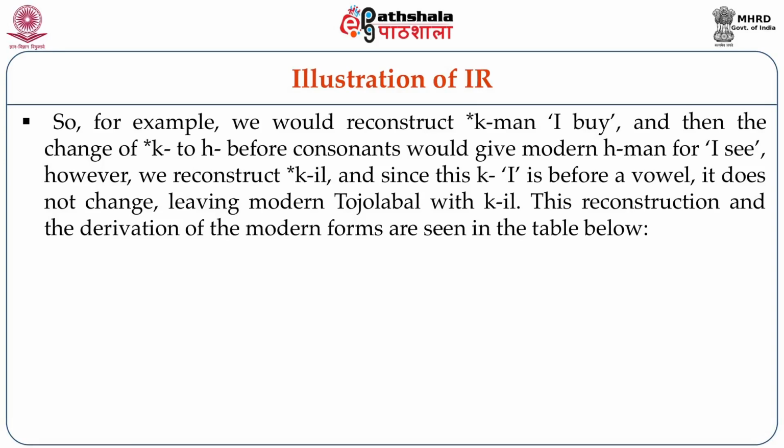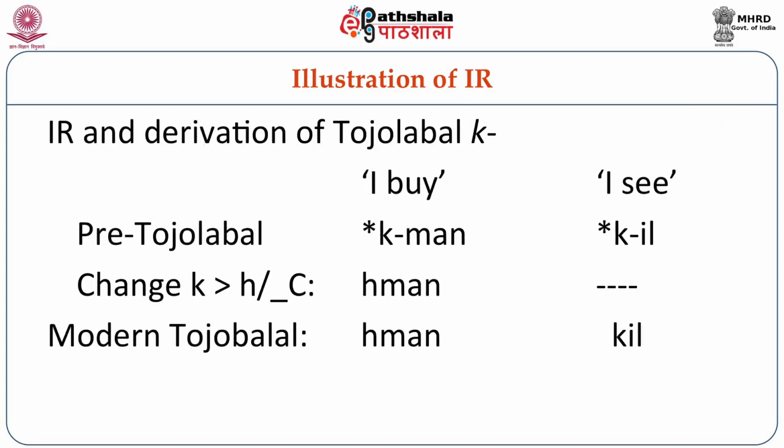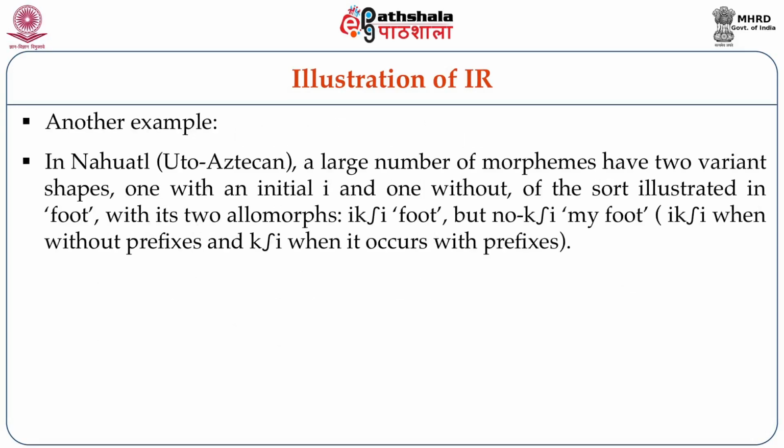This reconstruction and the derivation of the modern forms are seen in the following table. So this way, through internal reconstruction, we can resolve what must have been the unchanging form before it changed. Here is a case from Nahuatl, a Uto-Aztecan language.